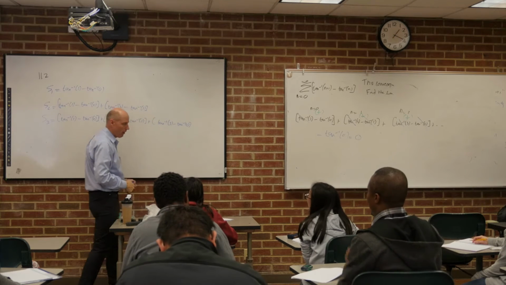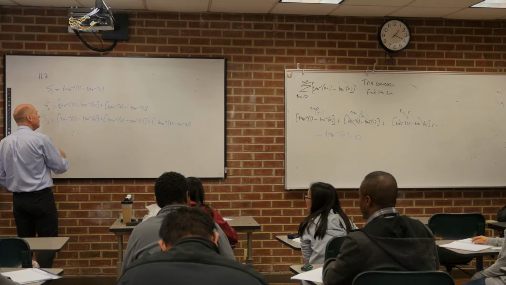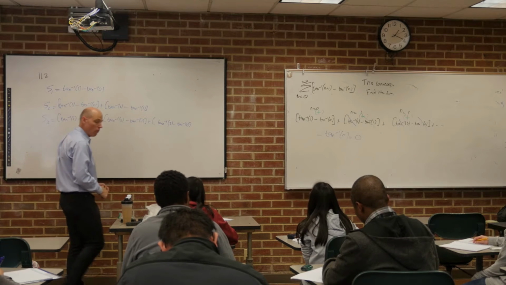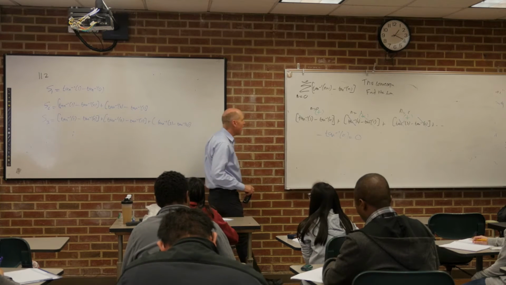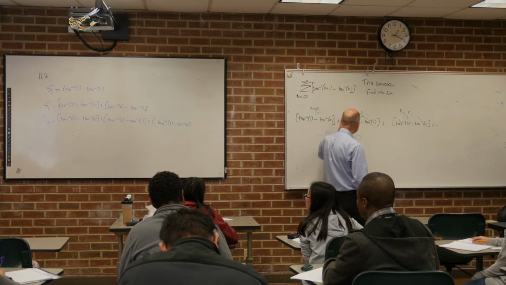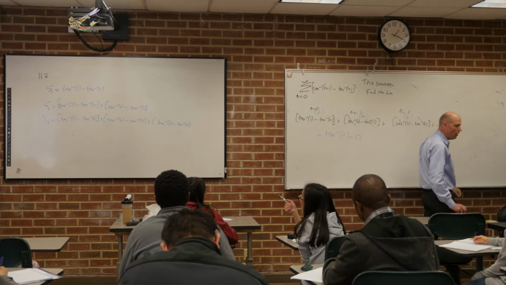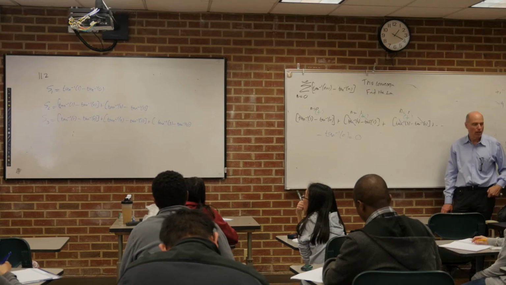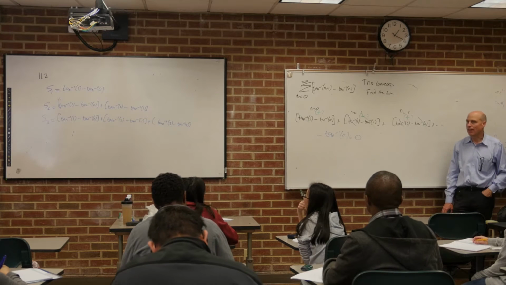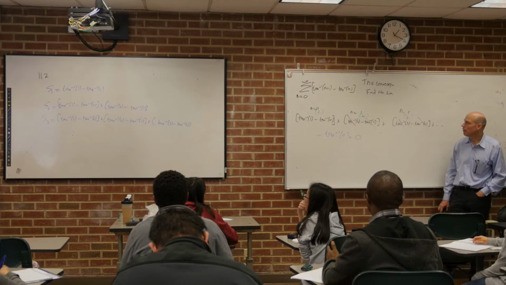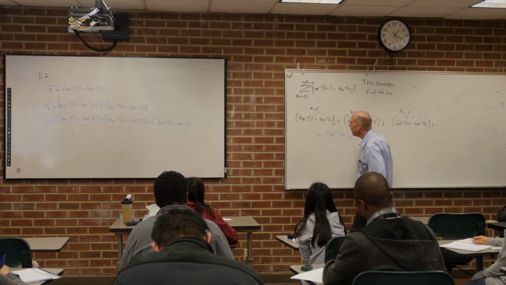Remember the sequence of partial sums: S1 is the first, S2 is the first 2 added together, S3 is the first 3 added together.